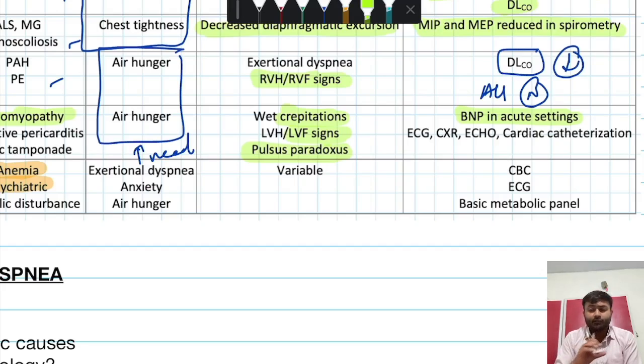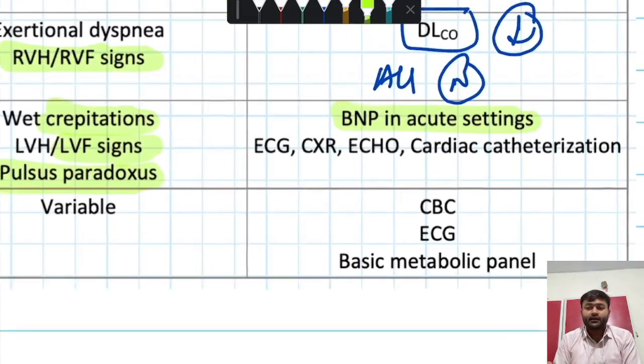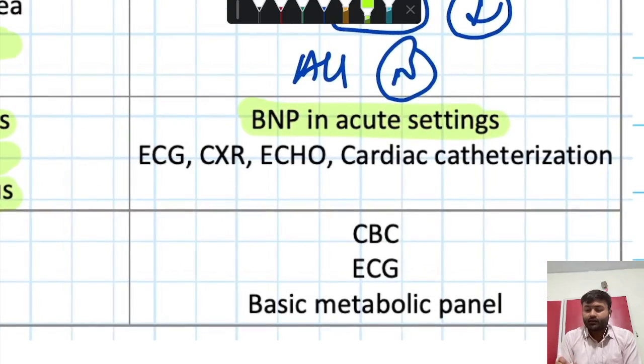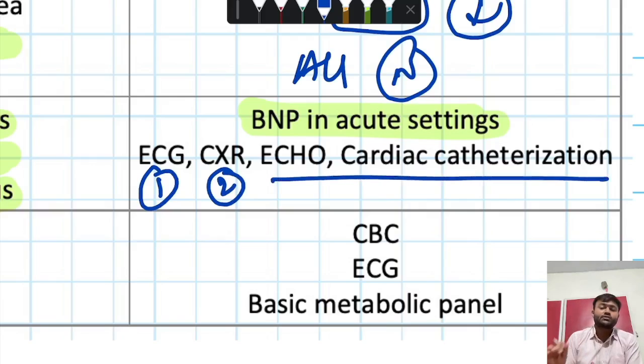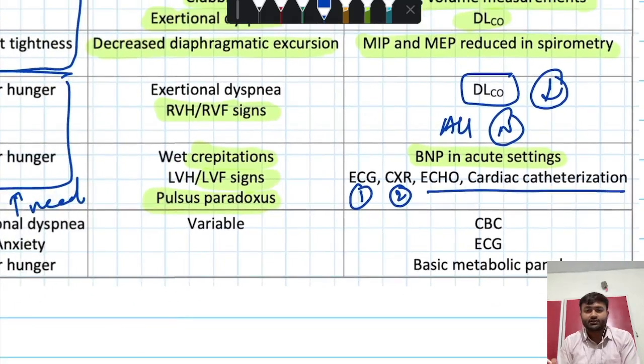And the general protocol for any type of cardiac disease investigation is to first obtain an ECG followed by a chest X-ray and advanced imaging that includes echocardiography and cardiac catheterization. These are the 4 most important investigations in the entire of cardiology.